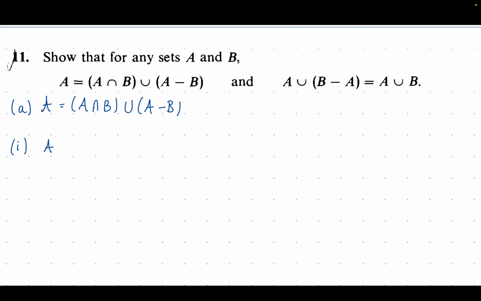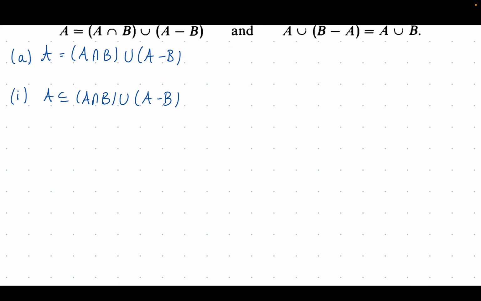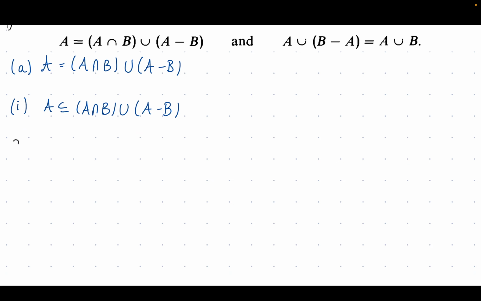And the first thing I'm going to do is say this as our first subgoal. All right, so let's suppose X is an element of A. Then for any element in whatever set you want it to be, it either has to be in a set or it has to not be in a set. It can't be both, it can't be neither.